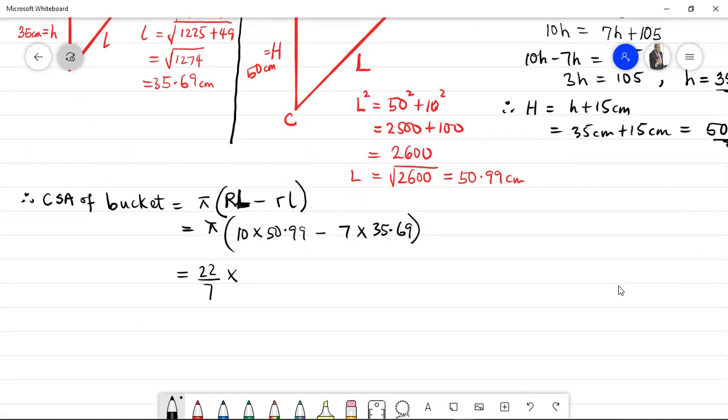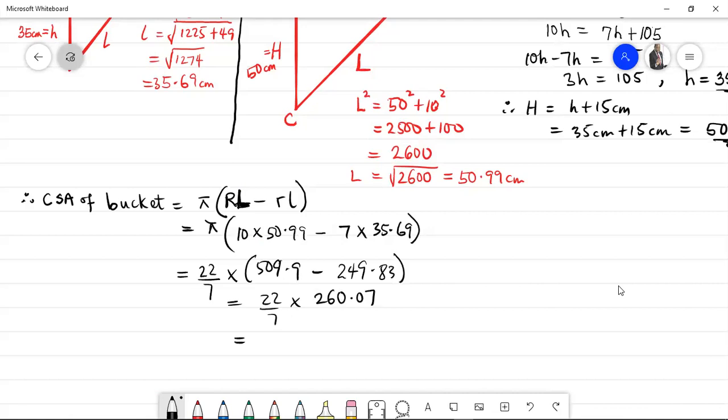And that is going to give us in bracket 509.9 minus 35.69 multiplied by 7, and that should give you 249.83. So this simply gives 22/7 multiplied by 260.07.